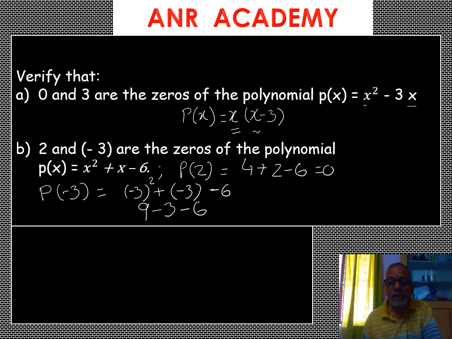So plus 9 minus 9 gives 0. So your 2 and minus 3 are the zeros of the polynomial p of x is equal to x square plus x minus 6. I think you understood today's sums.